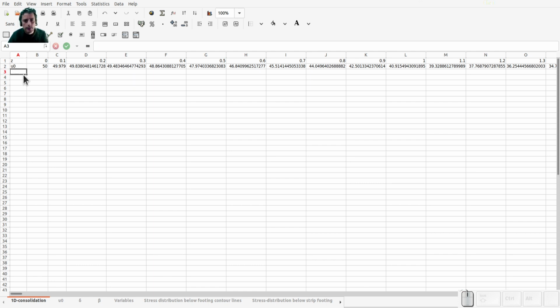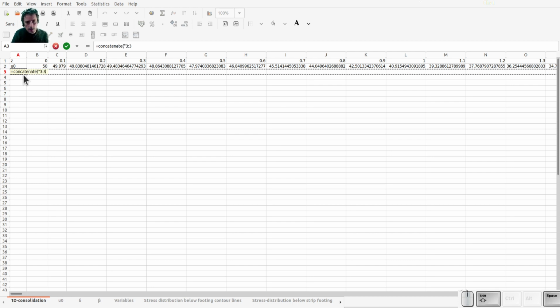Okay, so we now have our values in rows, and now we can do the same, concatenate, and we just take a U, and we say, this time instead of column we say row minus row A2.